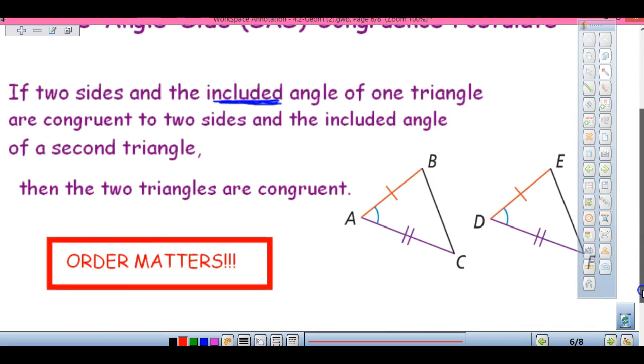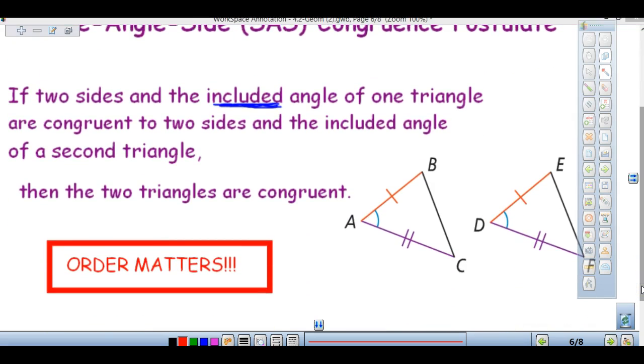The order makes a difference. It's got to be a side and then the angle in between the two sides that are congruent. Does that make sense? It can't be a side here, and then this angle right here. It's got to be the angle in between the two congruent sides. Does that make sense?